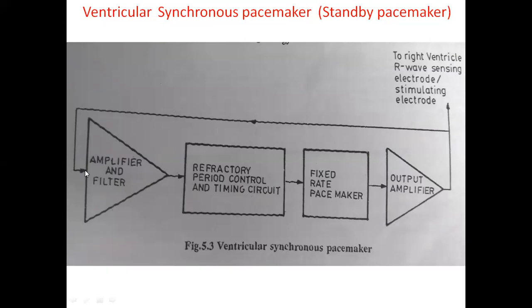Suppose the obtained R wave has the desired period, generated with the desired rate. Then this control timing circuit does not provide any signal to the fixed rate pacemaker. So it will be ready for the next sensing pulse.